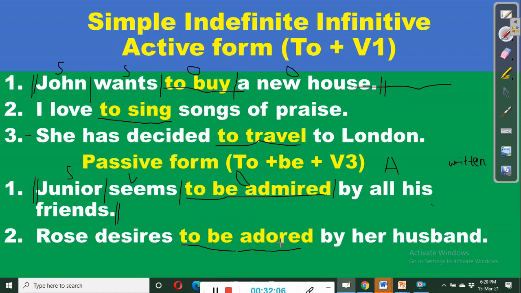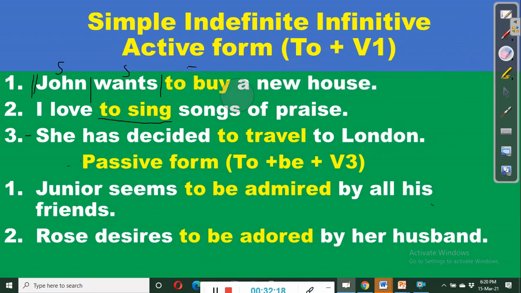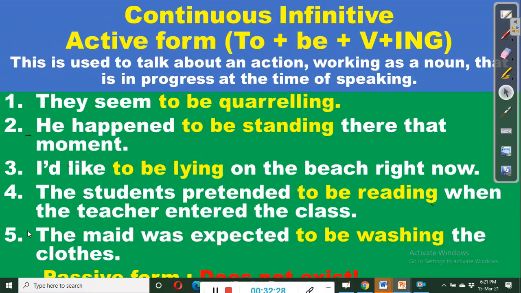All right, so that is what differentiates the passive form from the active form. Now, I believe we have done justice to this. That is talking about the simple indefinite. Now, let's move on to the continuous infinitive.